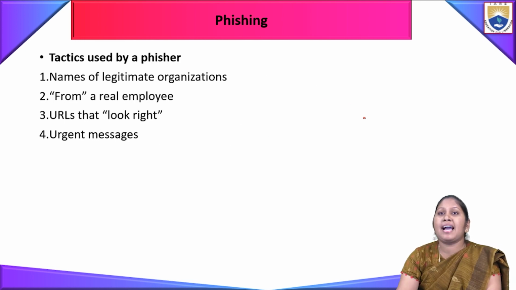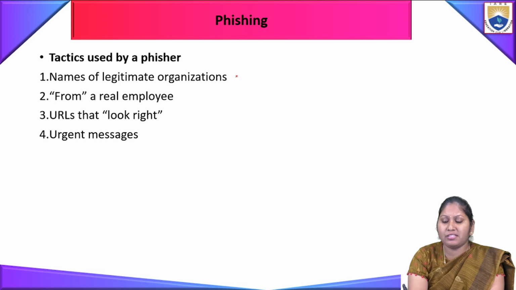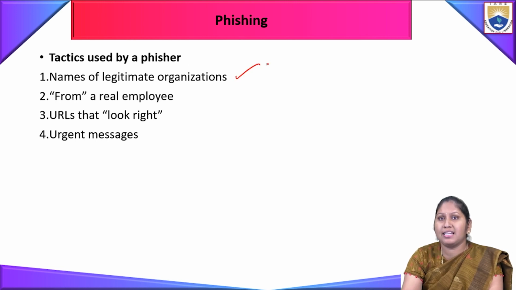Next one, what are the tactics used by the phisher? Tactics are nothing but what they use so that, at the end, a phishing attack is activated or executed. So what are the tactics? First one, names of legitimate organizations.